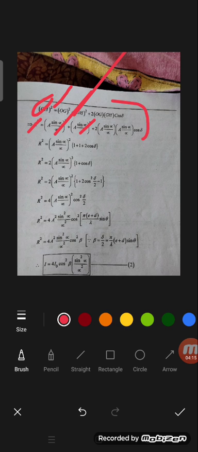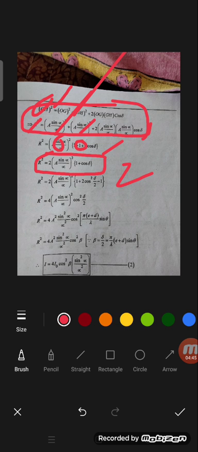Taking this amplitude common, we get R square is equal to A sin alpha by alpha whole square times 2 plus 2 cos delta. Taking 2 common, 1 plus cos delta remains.